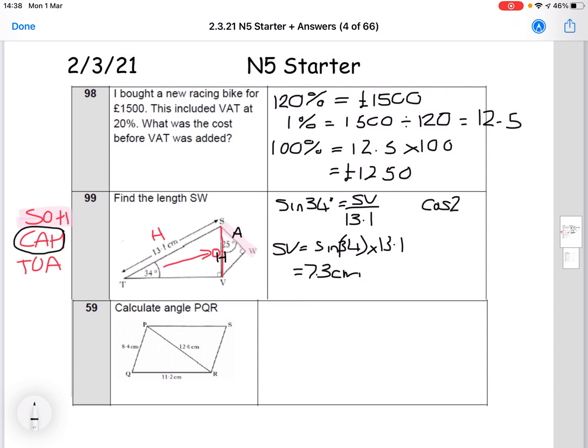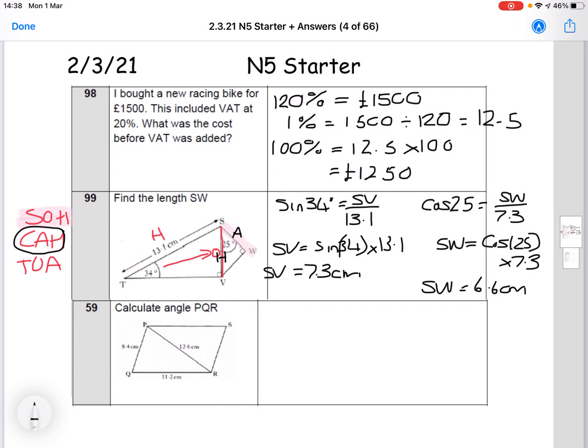So cos 25 is equal to the adjacent side, which is SW, over the hypotenuse, which we've just found is 7.3. So SW will be cos 25 times 7.3, which gives us an answer of 6.6 centimetres.